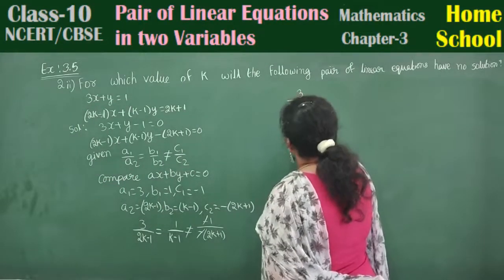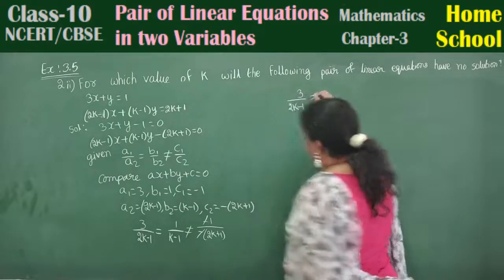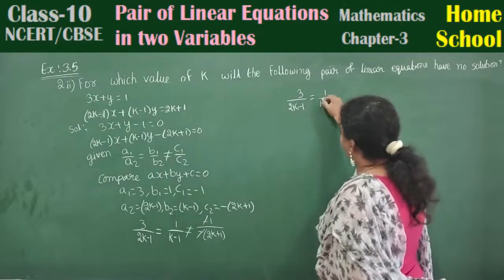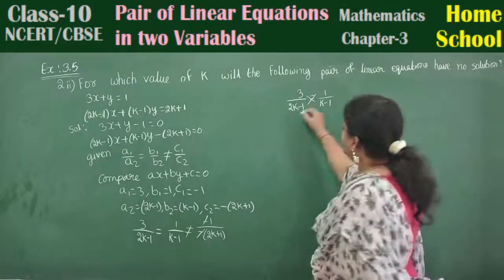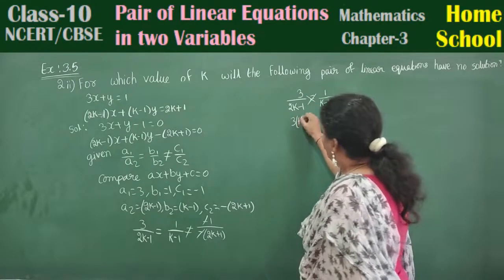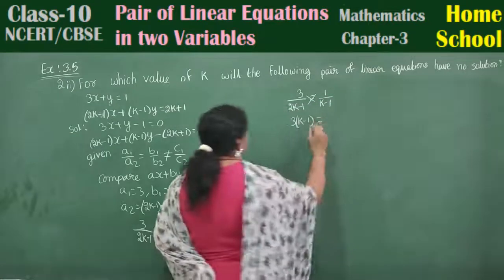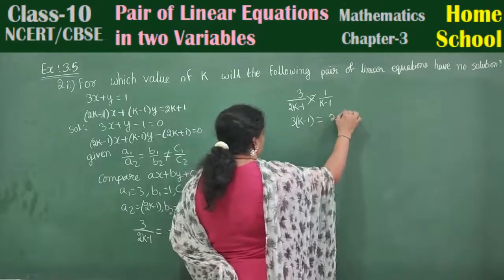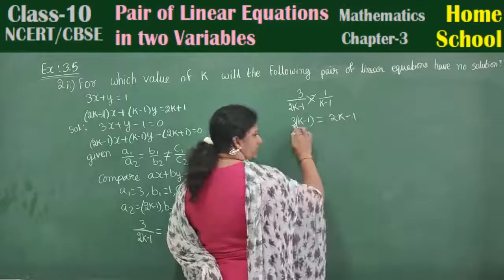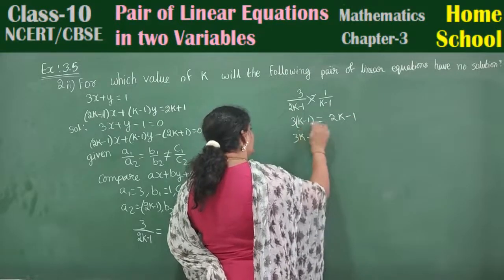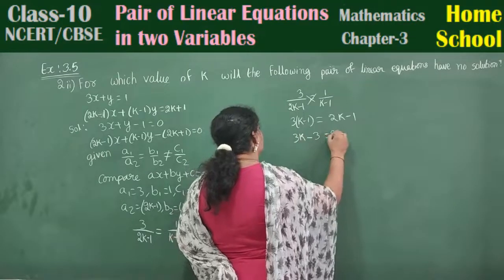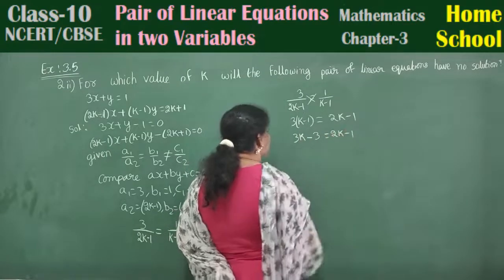3 by 2k minus 1 is equal to 1 by k minus 1. Cross multiply. 3 into k minus 1 is equal to 2k minus 1. 3 into k, 3k, minus 3 into 1, 3, is equal to 2k minus 1.